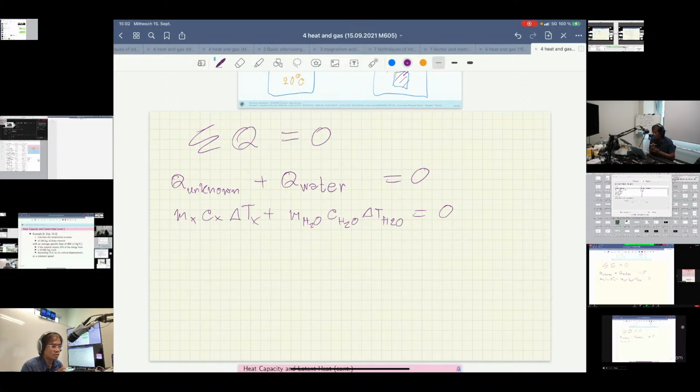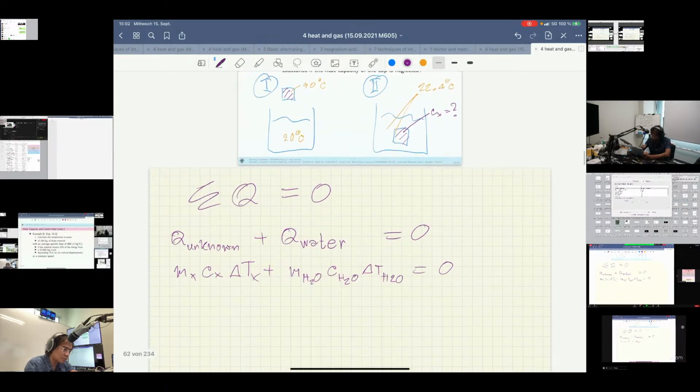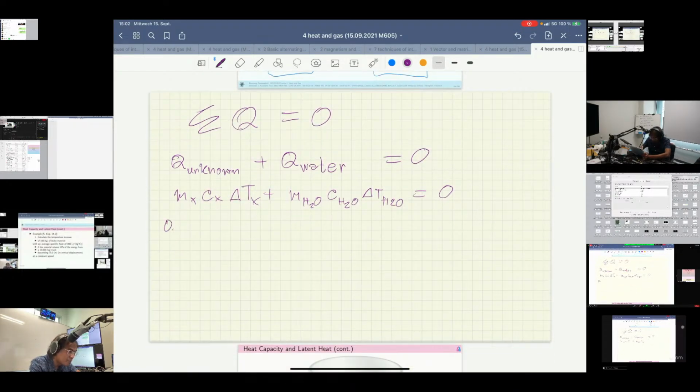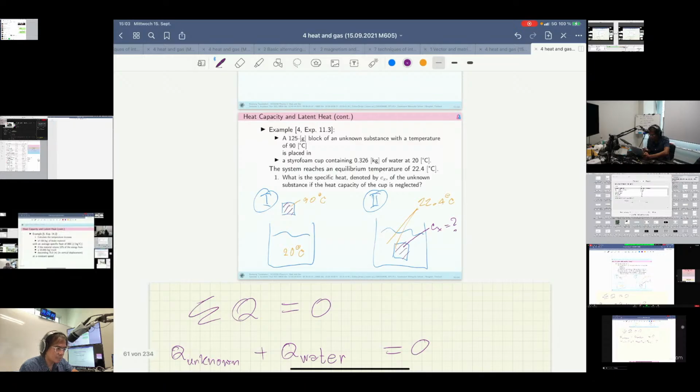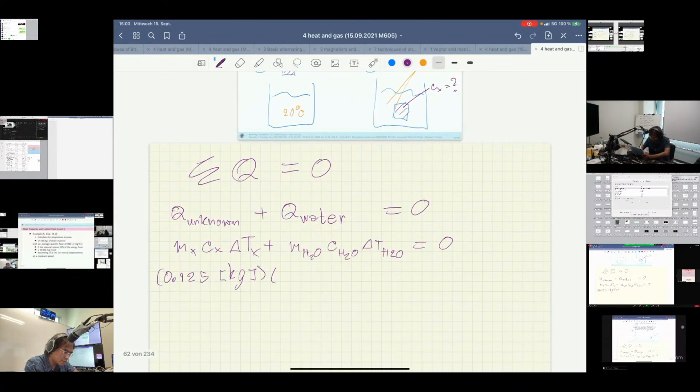And what else? The mass of the unknown object is 0.125 kilogram, and the specific heat of this unknown object is Cx. We would like to know that. It's better if we solve this equation for Cx.